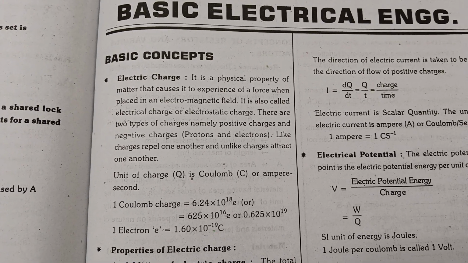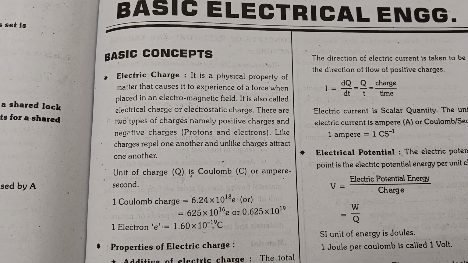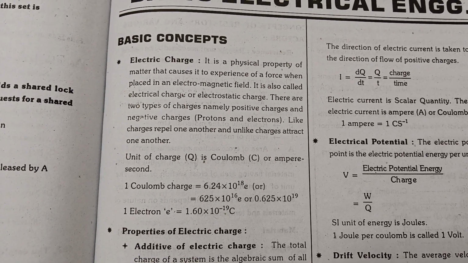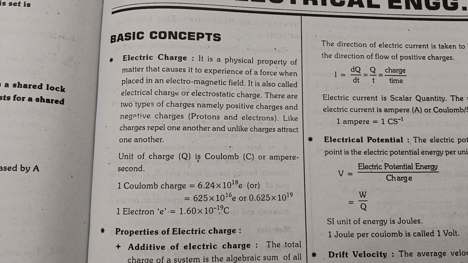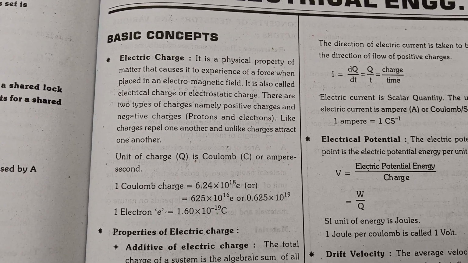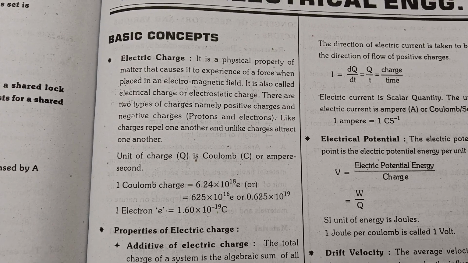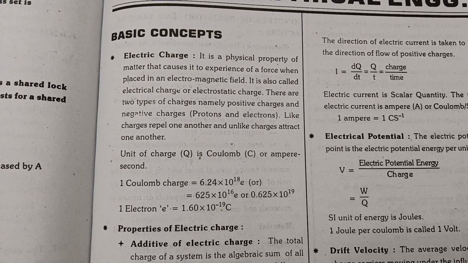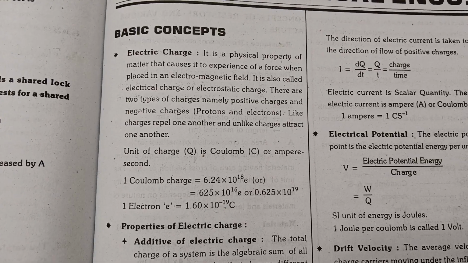Unit of charge Q is coulomb, C, or ampere second. 1 coulomb charge equals 6.24 × 10^18 electrons, or 625 × 10^16 electrons, or 0.625 × 10^19. 1 electron e equals 1.60 × 10^-19 coulombs.